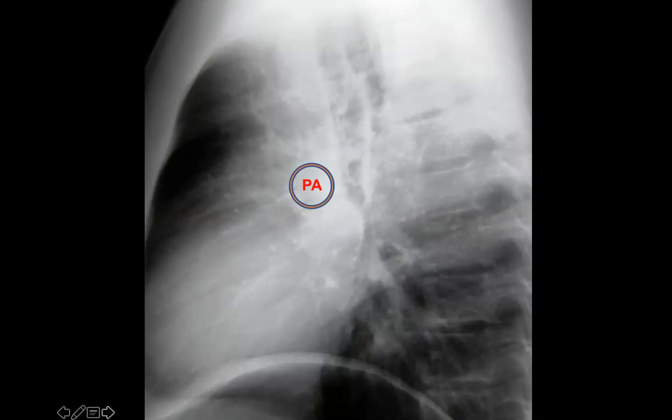But if you have additional density, as we do here, a rounded density in the hilar or subcarinal region, then you know that that lump that you saw on the right side on your PA view actually is lymphadenopathy. The other place where you might see a mass that could be lymphadenopathy on the lateral view will be in the retrotracheal region back here. We don't have that in this particular patient, but that's another place where lymphadenopathy can show up on the lateral view.